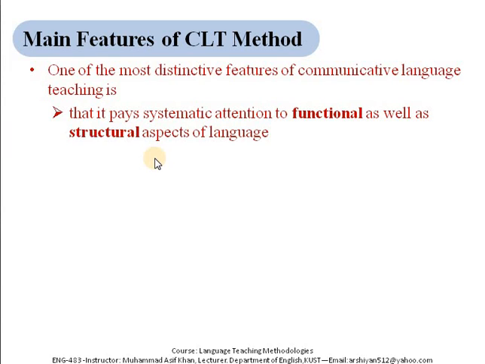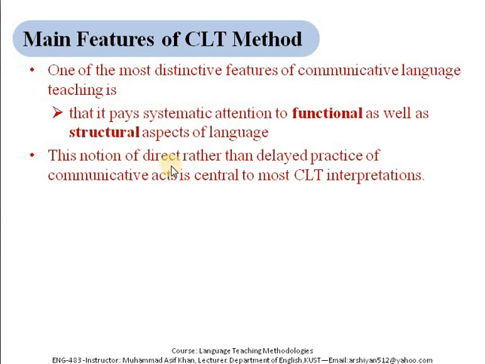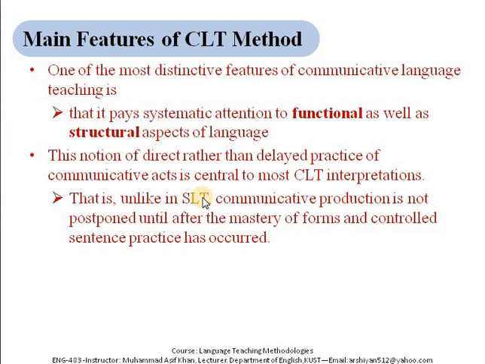This notion of direct rather than delayed practice of communicative acts is also central to most CLT interactions. And this practice of directly starting the communicative act is unlike SLT, because in CLT communicative production is not postponed until the mastery of the forms or controlled sentence practices has occurred.